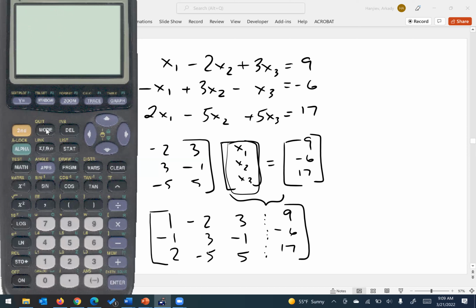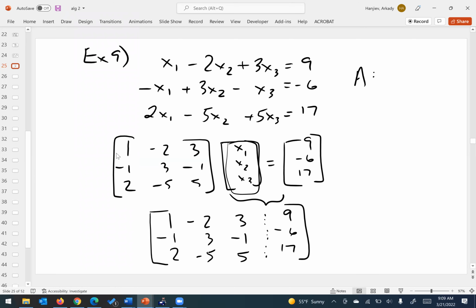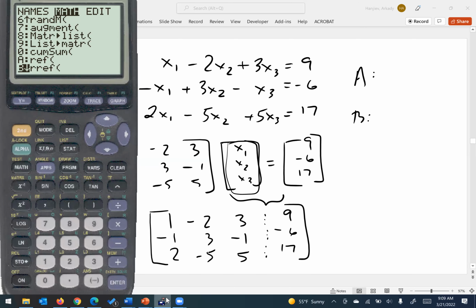And we're going to use the math now. So we're going to go matrix, but now we're going to do some math on this guy here. So all the way down to RREF. Now this is called row reduced echelon form. Just real quick, what is the difference on the calculator between REF and RREF?